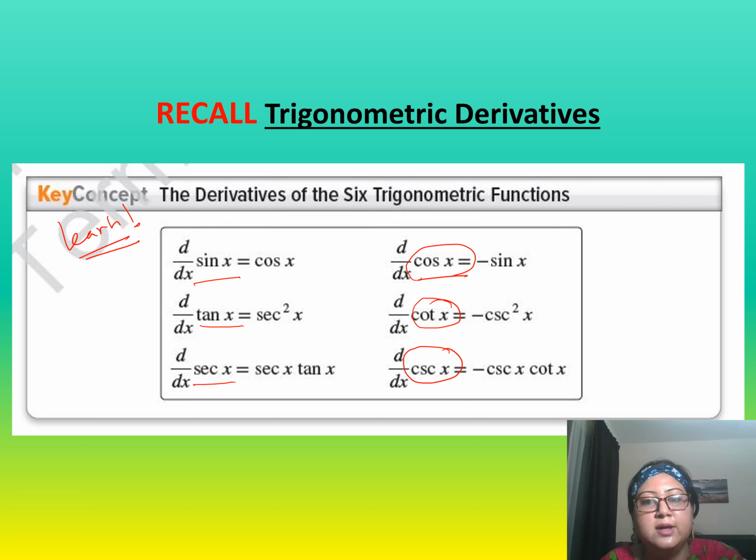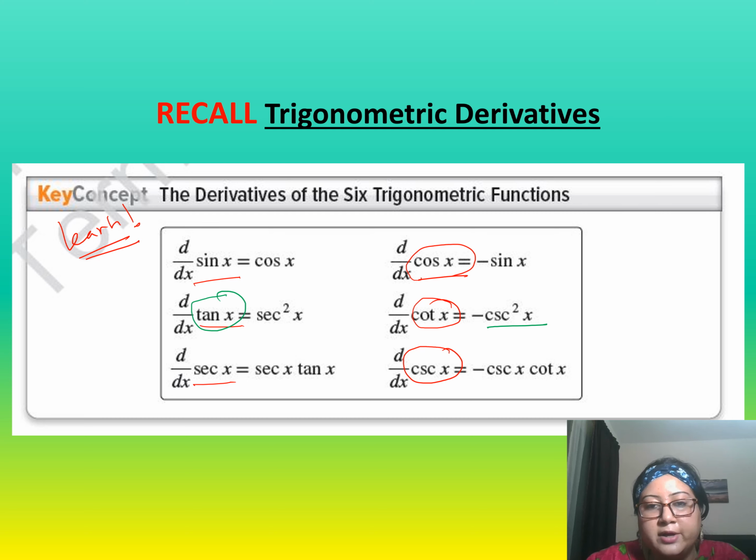That is one point. And second point, again, you have sine and cos, as I told you, complementary, so they are derivatives of each other with just a change of a sign, negative. And then coming similarly to your other 2 functions, which are tan and cot, we all know that they are also complementary functions. So the derivative of tan x is secant square x, and the derivative of its complement, that is cot x, is negative cosecant square x.